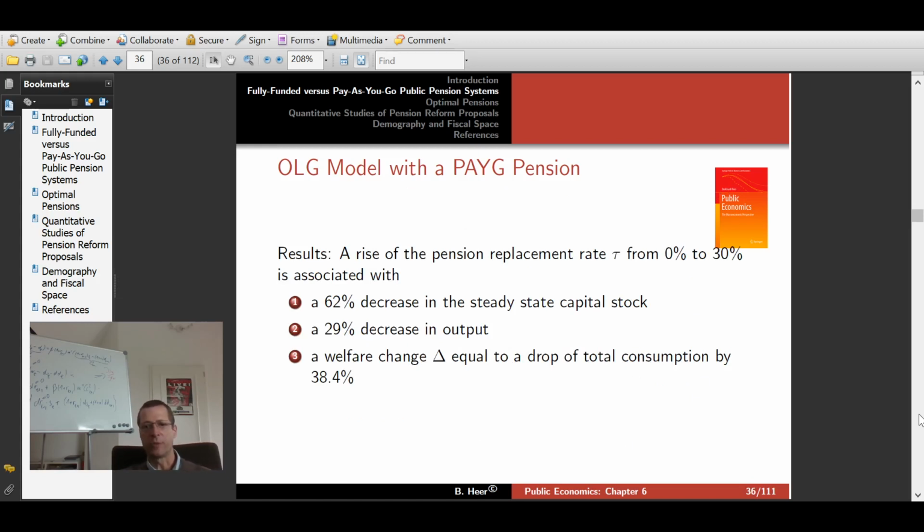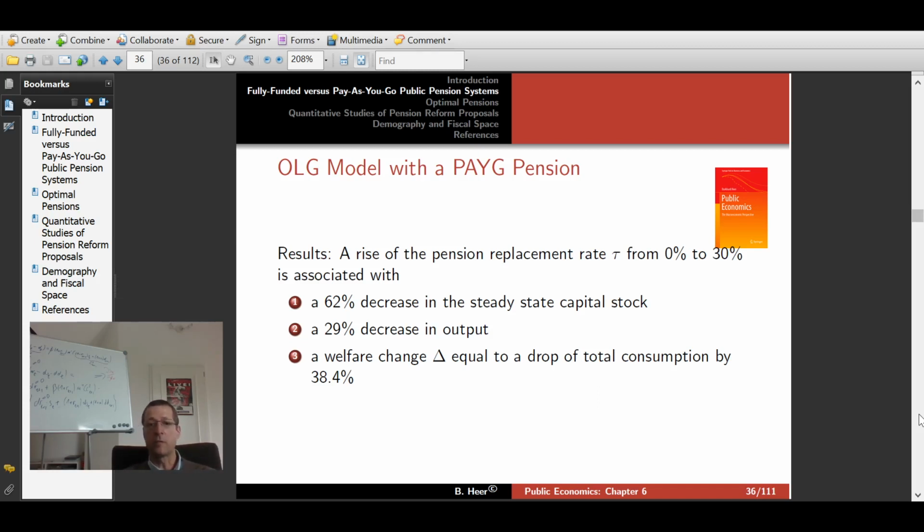And we can also compute the effect on output, and we find that the decrease in output is 29%. So if we impose social security taxes and spend as much on pensions as we do in Greece or Italy, the capital stock decreases by 62%, output decreases by 29%, and we can also compute the welfare change and express it in units of consumption, which amounts to 38% of consumption.